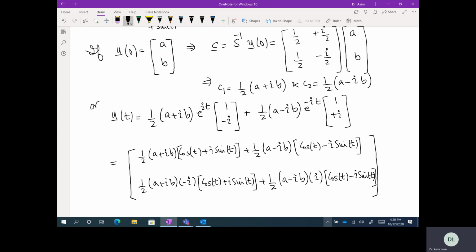So what is this equal to? This thing is equal to half, and then A cosine t, so maybe I write it over here.